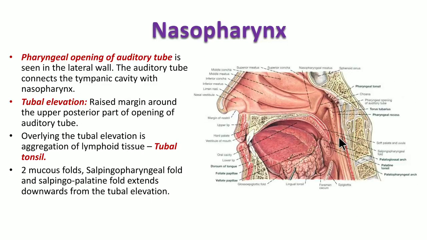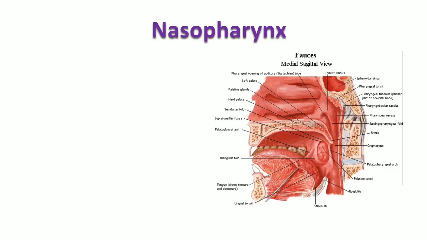It joins with the other two muscles, the palatopharyngeus and the stylopharyngeus. One more fold extends downwards and anteriorly, the salpingopalatine fold. So these are the two folds you come across on the lateral wall of the nasopharynx.